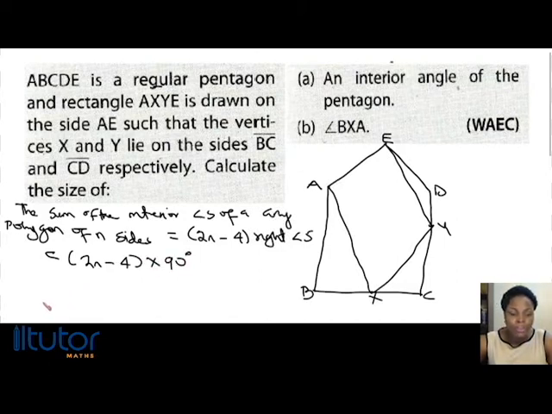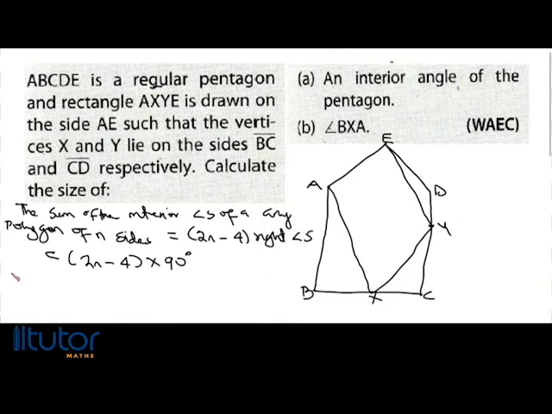Now for the pentagon that has been given to us, this pentagon has 5 sides. This is 1, 2, 3, 4, and 5.